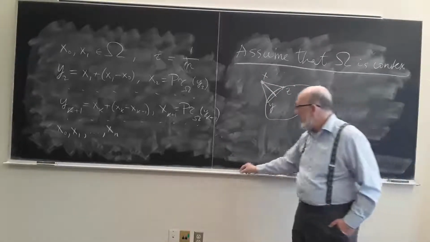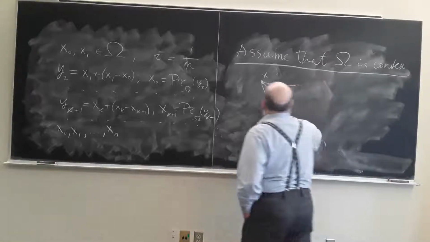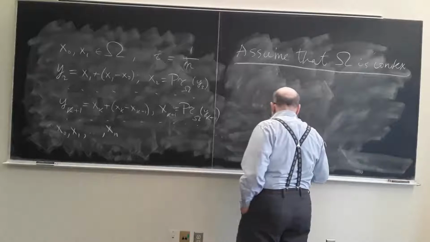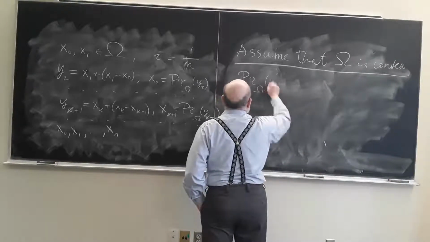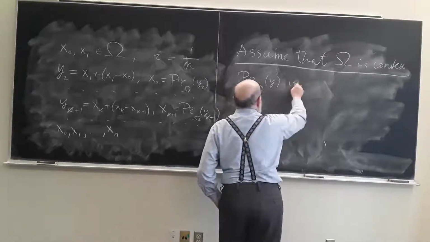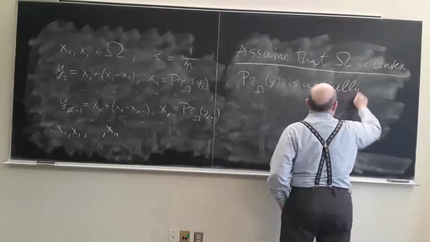So this means that for convex omega, this projection on omega of y is uniquely defined.